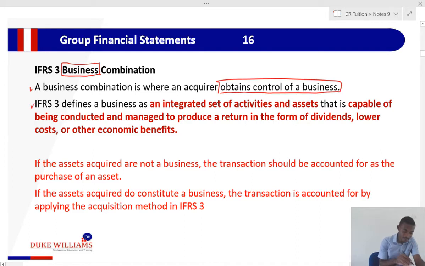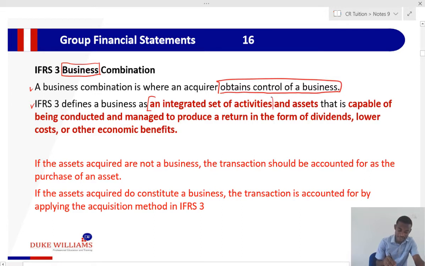What then is a business? IFRS 3 defines a business as an integrated set of activities and assets that is capable of being conducted and managed to produce a return in the form of dividends, lower costs, or other economic benefits such as profits. What it means is that a business should be identified with activities, a set of integrated activities.